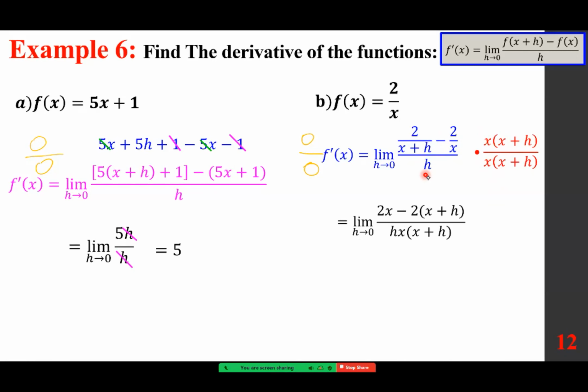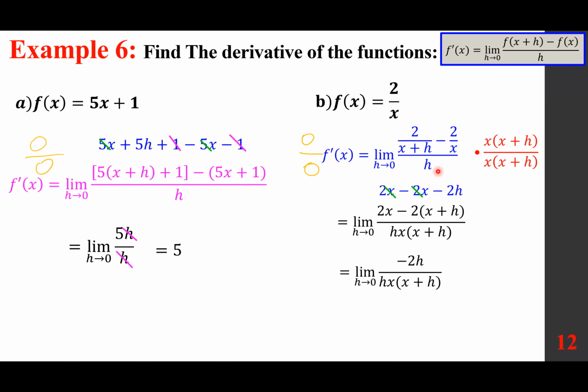So what happens? 2x minus 2x minus 2h. These two cancel each other. So the numerator is only negative 2h. H and h cancel each other.